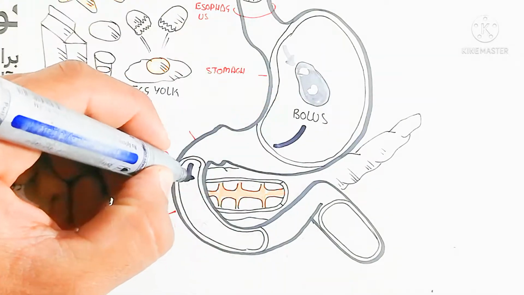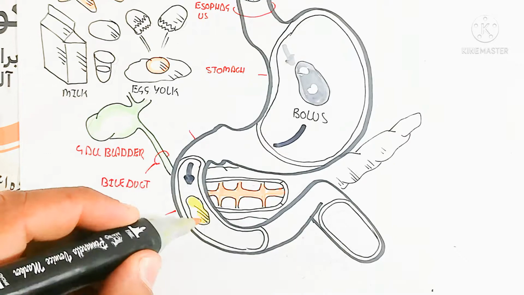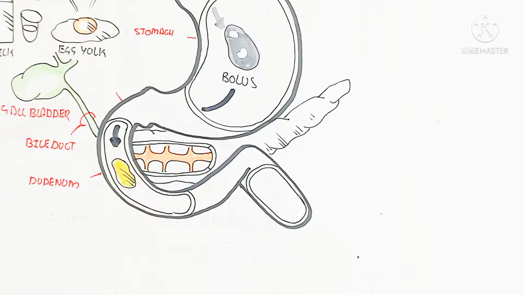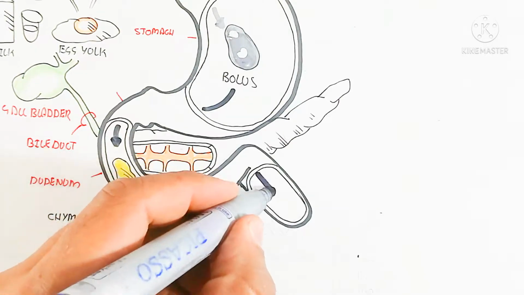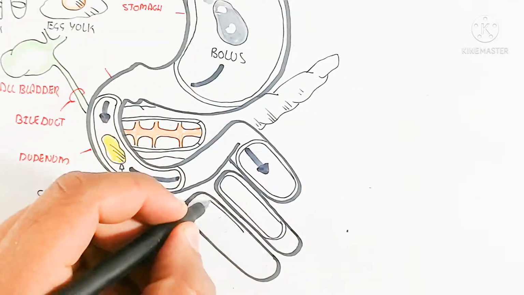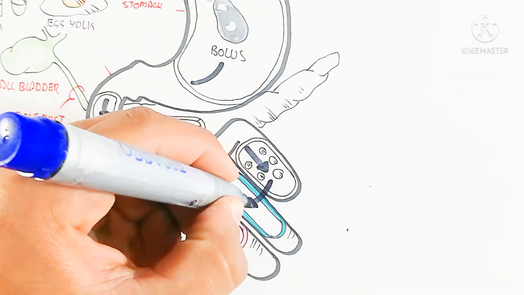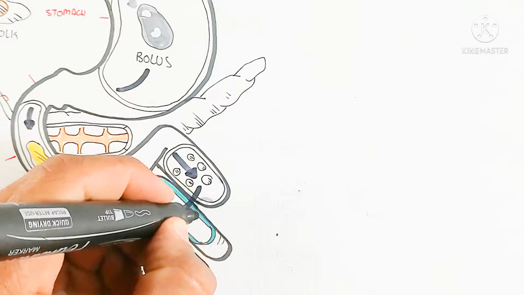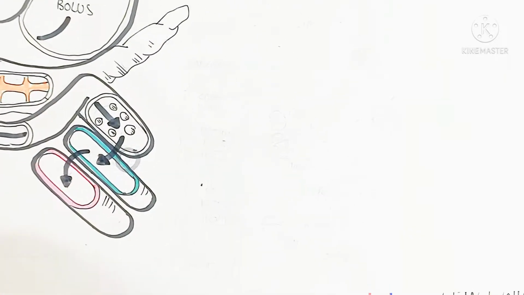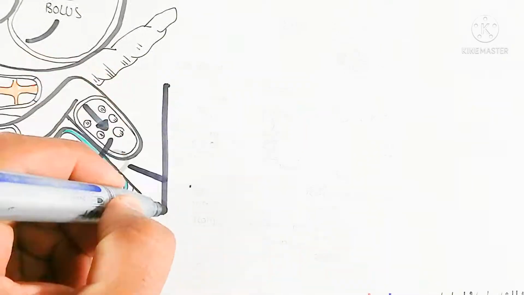This bolus contains partially digested food. Carbohydrate is partially digested through the amylase enzyme, salivary amylase, and then goes into the duodenum after protein digestion to become chyme. This chyme will be further digested for fat through a lipase enzyme from the pancreas, and on the other hand the other proteases and the bile pigment, which is used for the emulsification of fat to become a chylomicron.